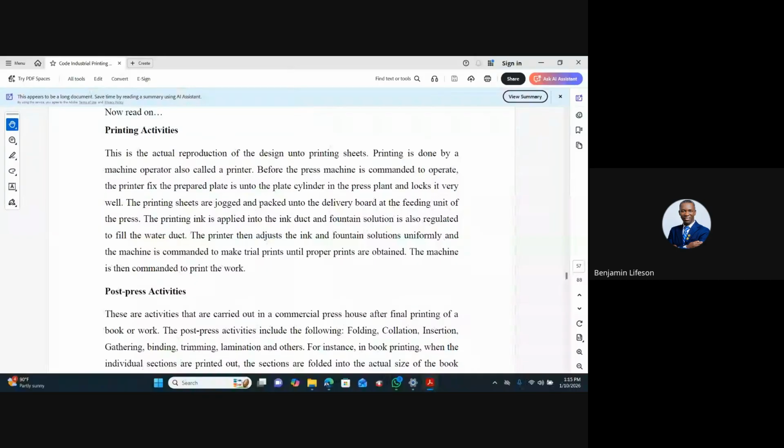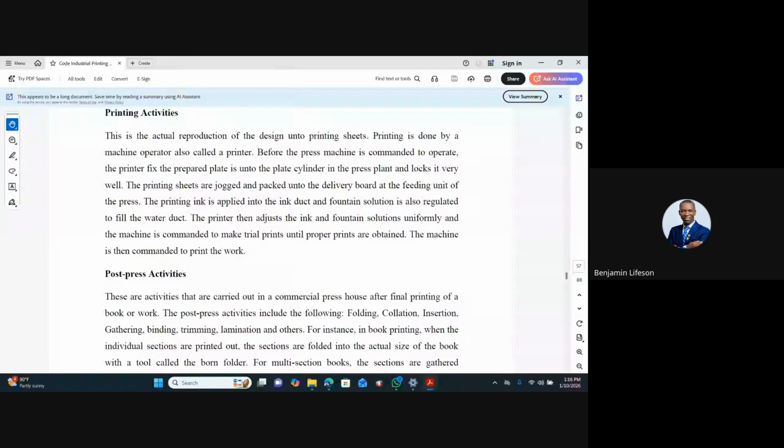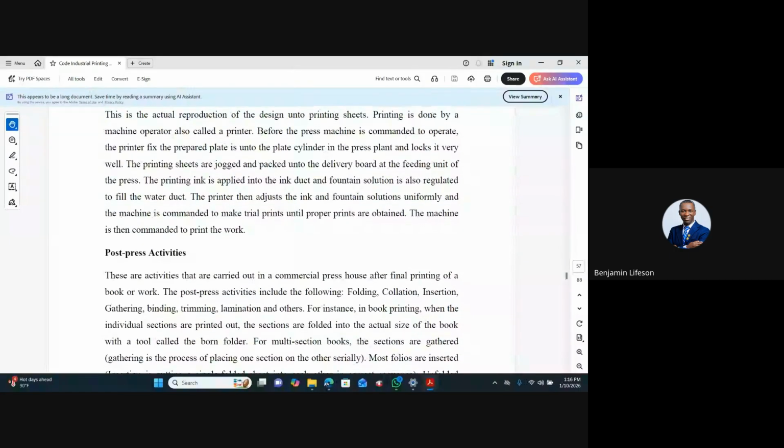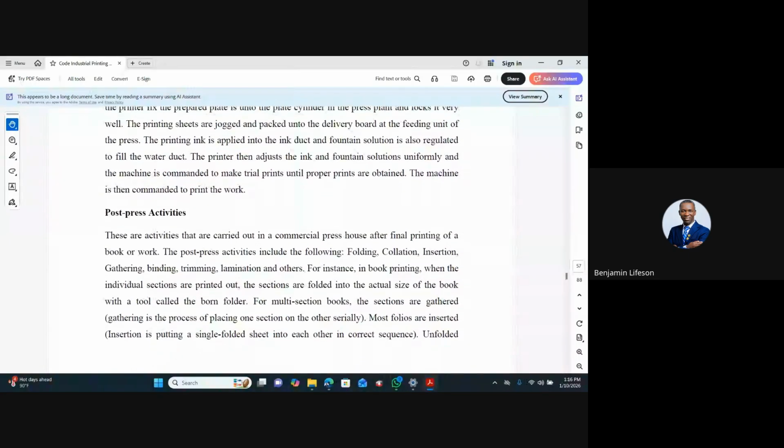Printing is done by the machine operator, who is also called the printer. He operates it and does what is expected by fixing the prepared plate onto the plate cylinder, locking it up, and applying the appropriate ink for the printing to be done.